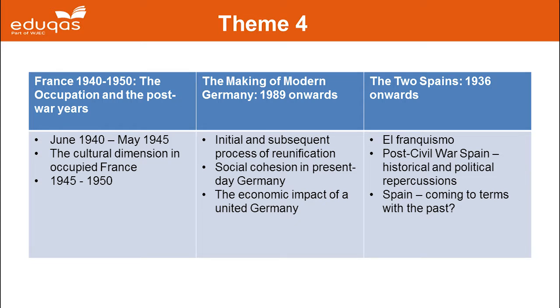Therefore, there are separate resources available to support the specific teaching of Theme 4 across French, Spanish and German. These all match up to the bullet points from the specification and the themes and suggestions of how to cover them. They're excellent ways to start teaching this topic.